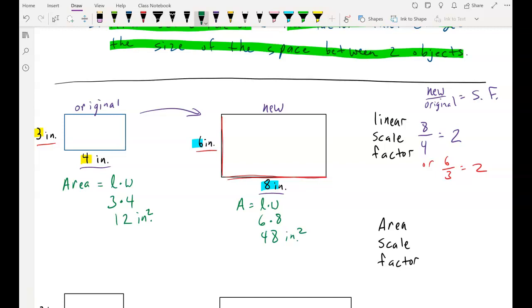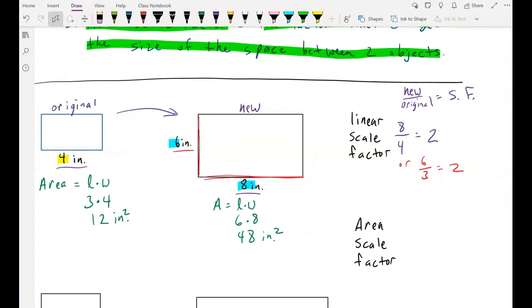Now, let's compare the areas. We're going to find the area scale factor. Now, the formula is still the same. It's new divided by the original. So what is the area of the new rectangle? The area of the new rectangle is 48. And the area of the original rectangle was 12.